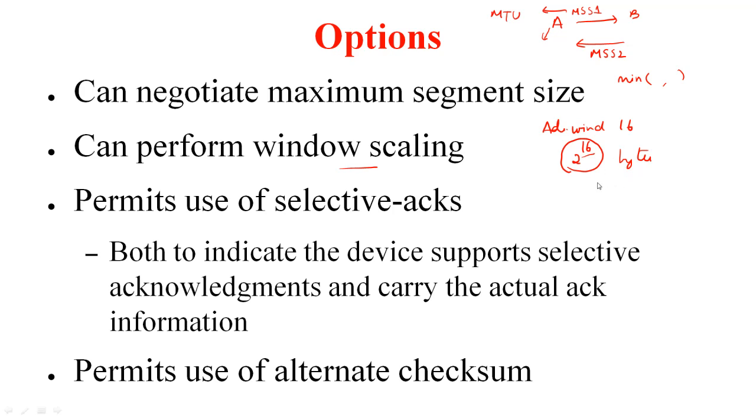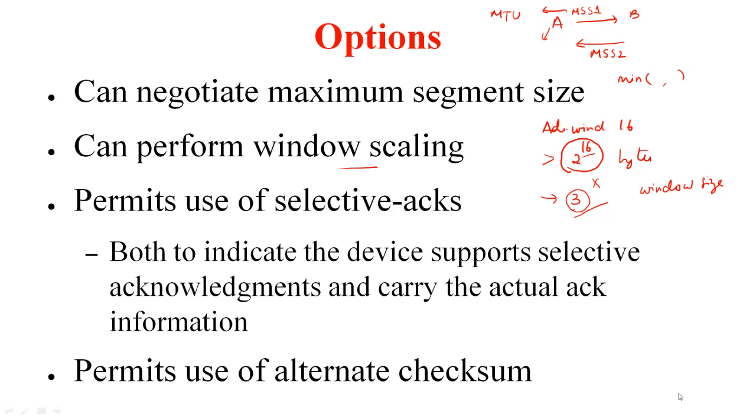But what if you want to allocate more buffer because you want to operate with a window size that is greater than this? In which case you will use the option fields to indicate, say, a value of 3, whereby you are saying whatever is specified in the advertised window field, you multiply it with 3 to use as the window size. I think this point will become clear only after I cover flow control.